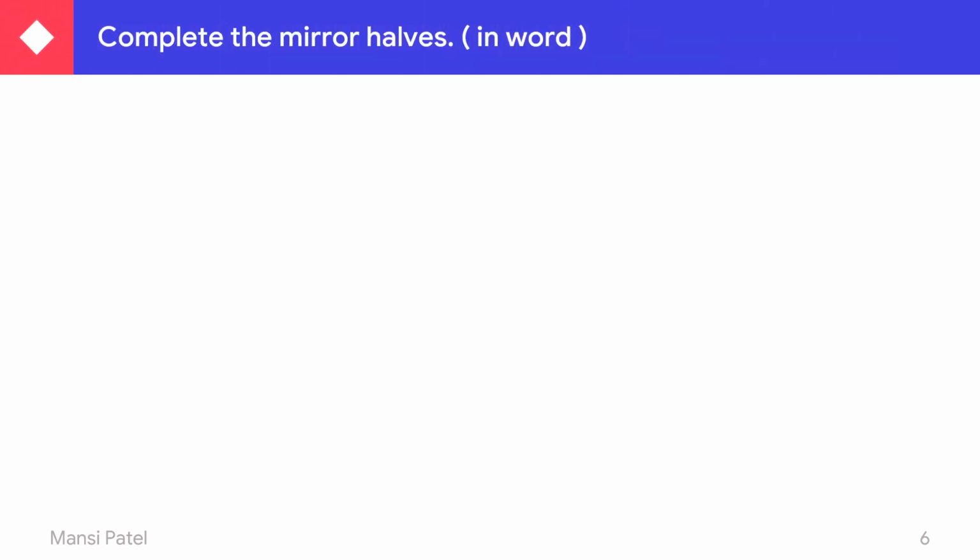Now let us see some mirror holes in a word. In this I am given one spelling, one word to you, but that word, that spelling, half portion is given. By using mirror holes, you have to complete that spelling, you have to complete that word and then tell me what is that word.